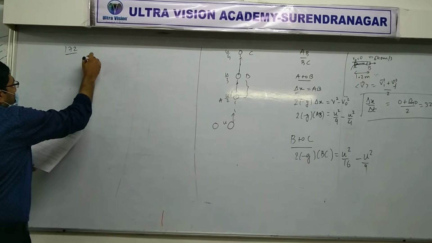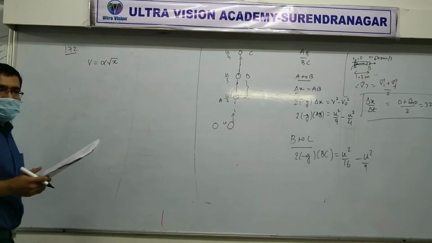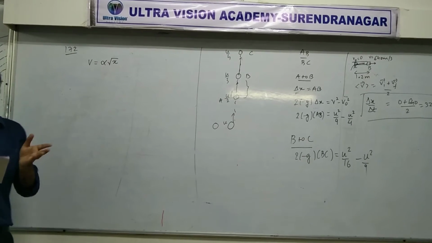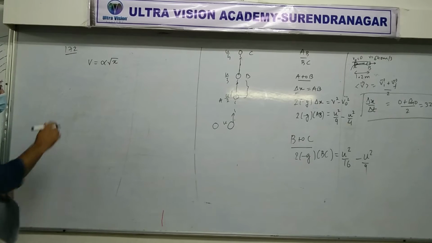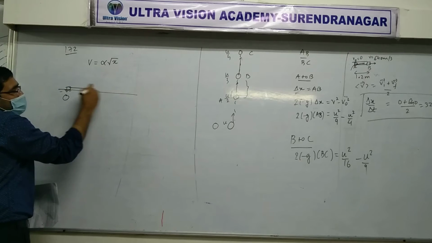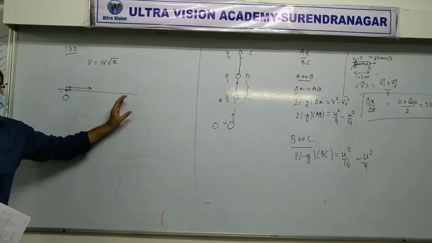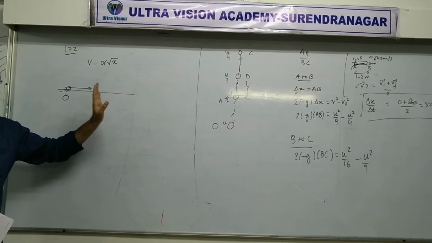Varies means changing. As v is equal to alpha root x, where alpha is a constant. x means position, v means velocity. Is the question clear? Some particle is moving on a straight line from the origin. It starts to move, but its velocity is not constant. As it moves, the x coordinate will change. You understand that?